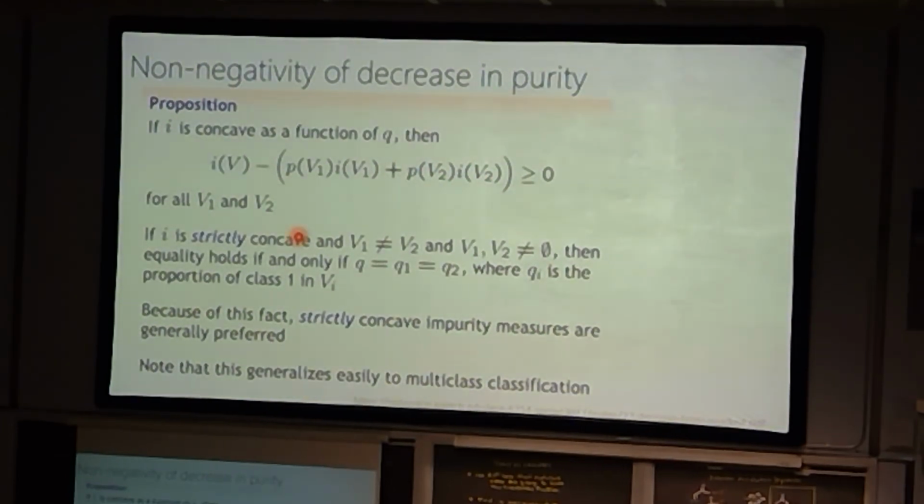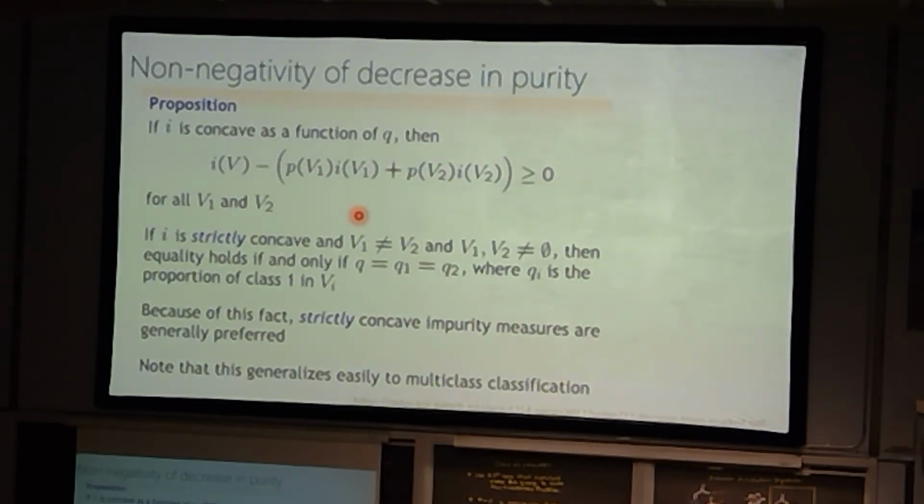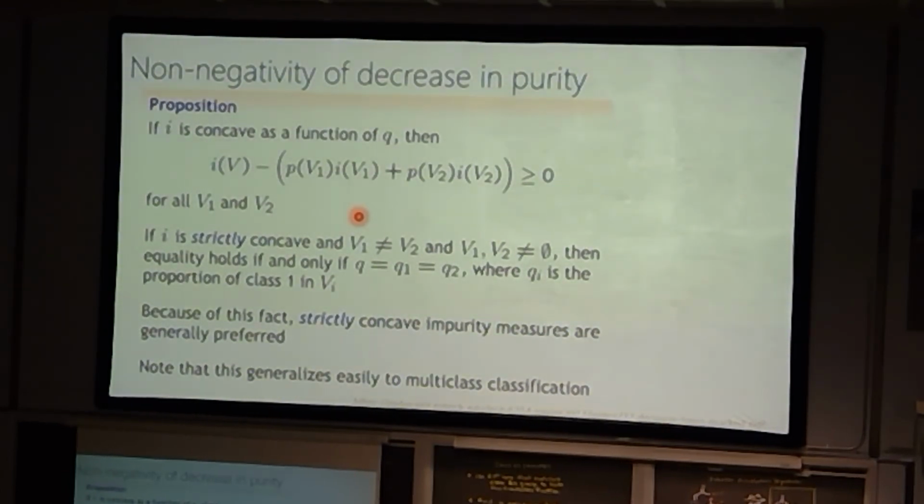And if they're strictly concave, then this is strictly greater than 0. So the intuition is that if they have this concave property, you get a guarantee that every time you make a split, you're going to do better by that criterion. And so you don't hit a dead end, basically.